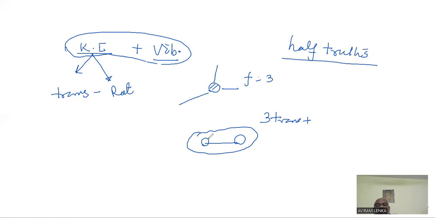Plus, when we talk of rotation and vibration, the molecule can rotate about an axis which is passing through this, and the molecule now can have substantial moment of inertia because the masses are not lying on the axis.